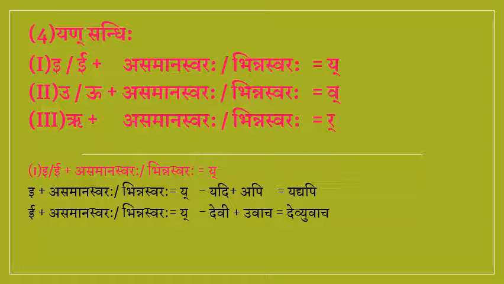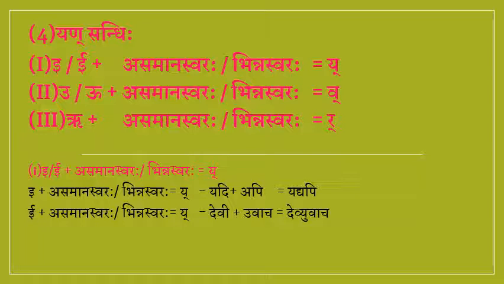Other than R, any other vowel can come. So we can say asamana swara or bhinna swara means dissimilar vowels: other than the same sound present on the left side, other vowels can come. That is the speciality of the Yana Sandhi.